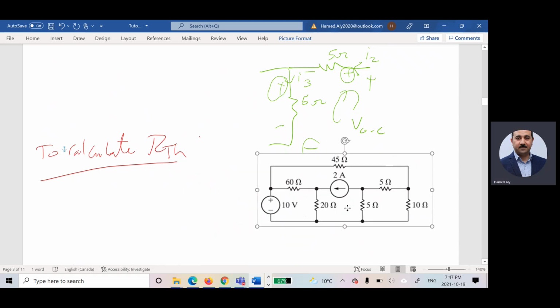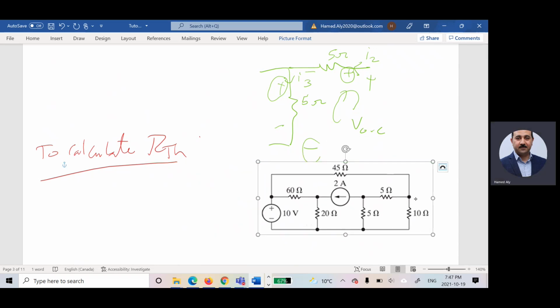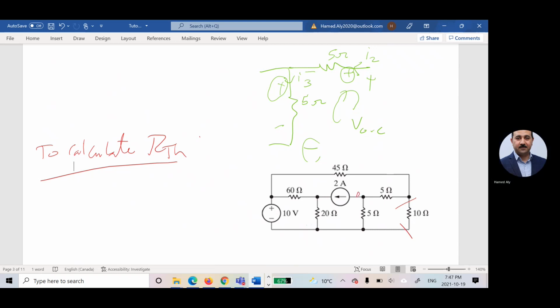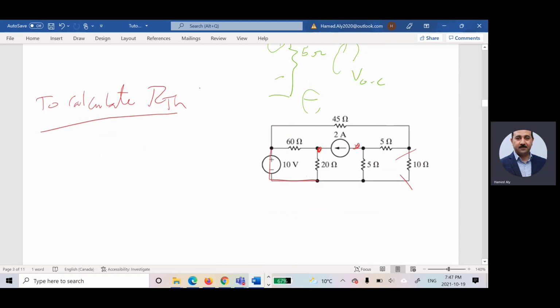And what is needed? I have already removed this one, right? And what should I do with this? It will be open circuit, right? And this one will be short circuit. So this one will be open circuit.